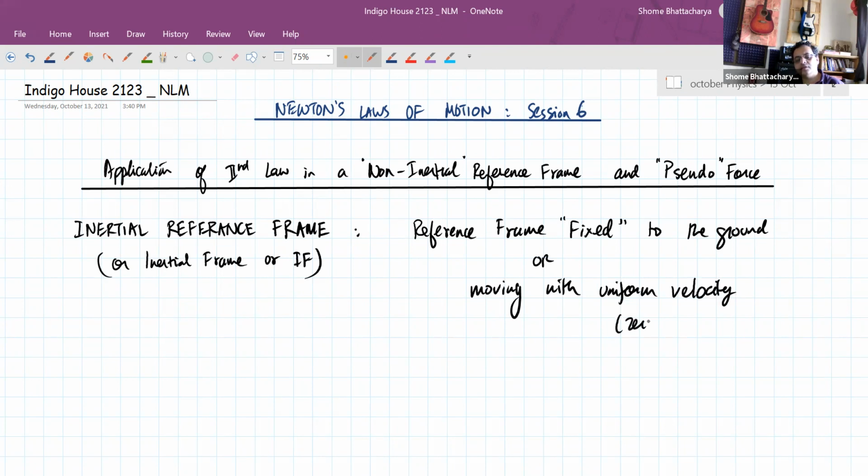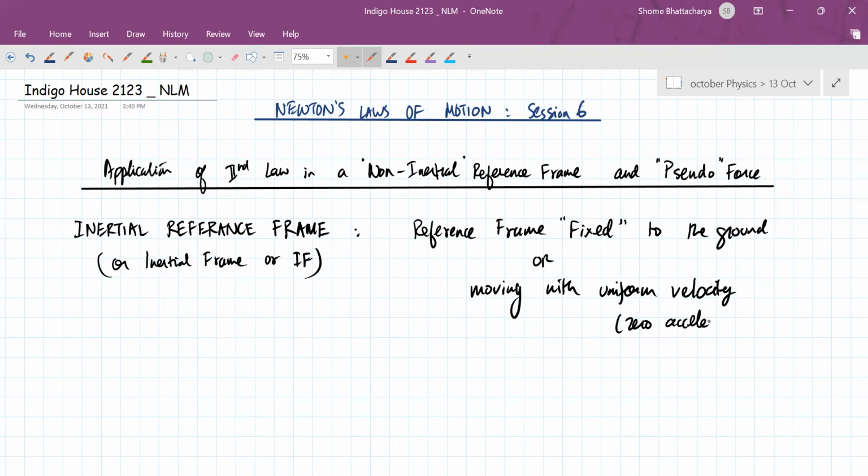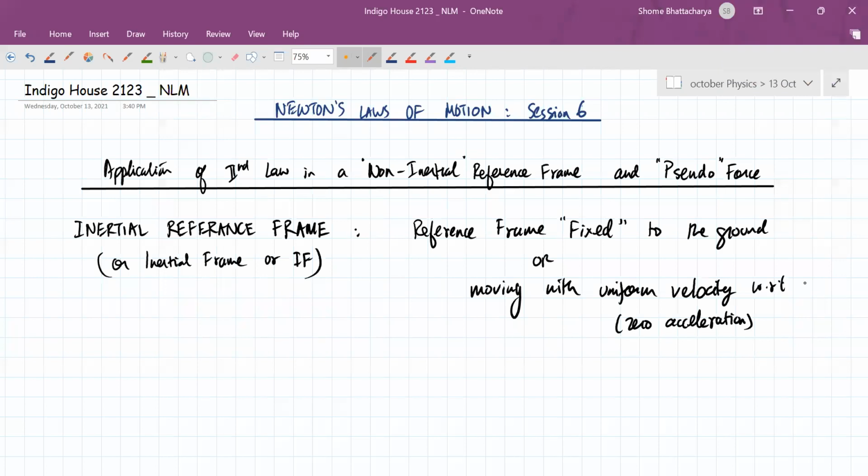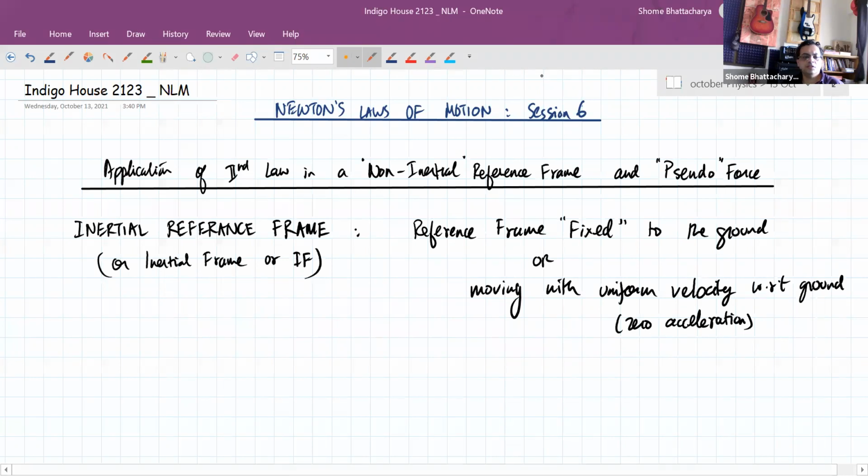That means it should have zero acceleration. So even if it is moving, it should be moving such that the acceleration is zero with respect to the ground. And by ground, we mean the surface of the earth. So note down this definition.